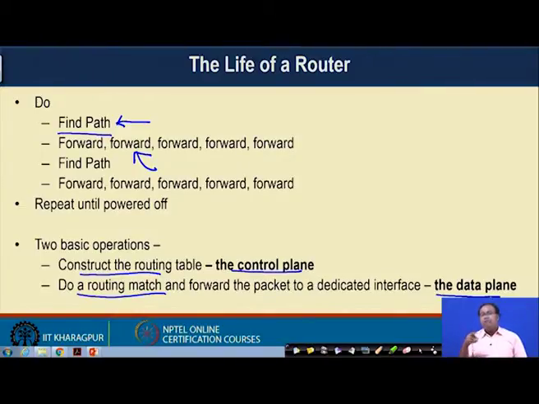You can think of the number of packets the data plane needs to process per second. That is why the frequency of operations in the data plane is significantly higher compared to the frequency of operations in the control plane.